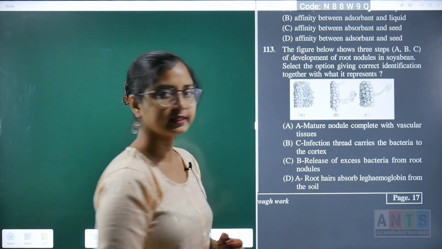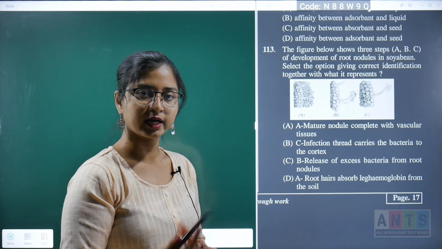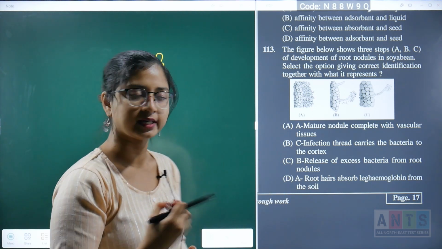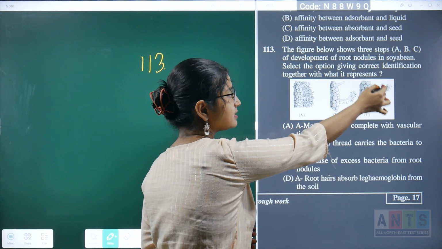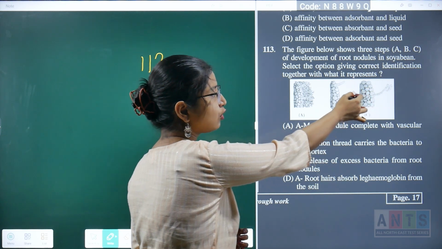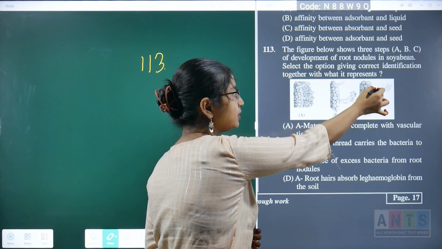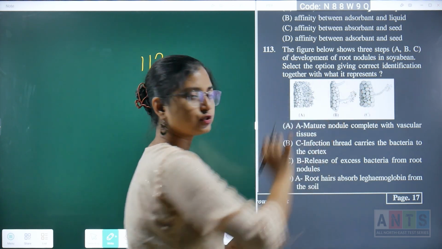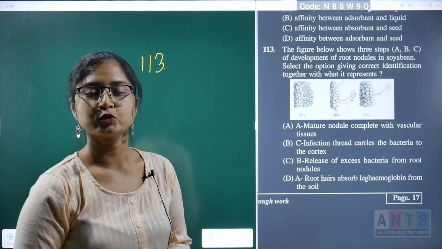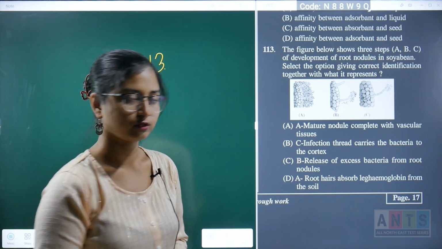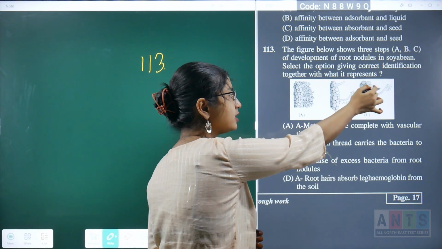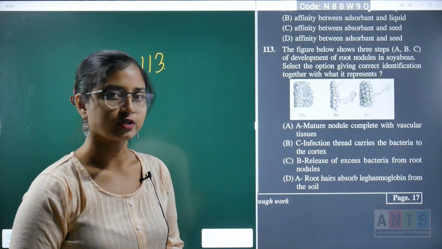Figure C में हम क्या देख रहे हैं? Already root hair curl हो चुका है. That has taken up the rhizobium bacteria. Now the bacteria has entered that root hair and reached all the way up to the cortex region. तो ये जो establishment हो रहा है of the bacterial structures over there, this is the establishment of the infection thread. तो ये start हो रहा है यहाँ root hair से all the way up to the cortical cells.